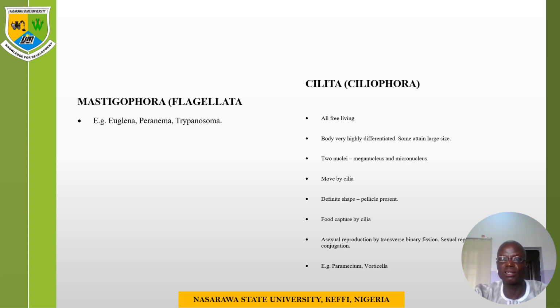The organisms have a definite shape and the pellicle is present. Their food is captured by means of cilia as they are moving. Asexual reproduction is by transverse binary fission. Sexual reproduction is by conjugation. An example of this class is Paramecium.